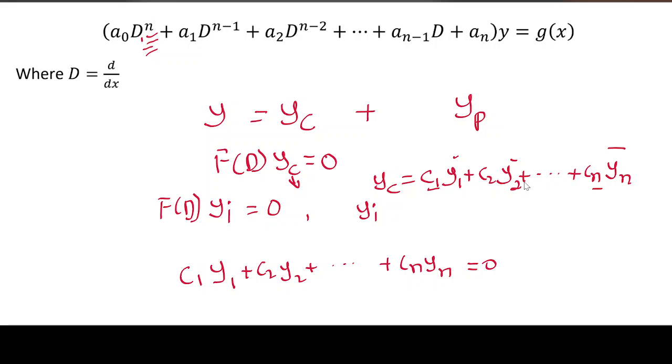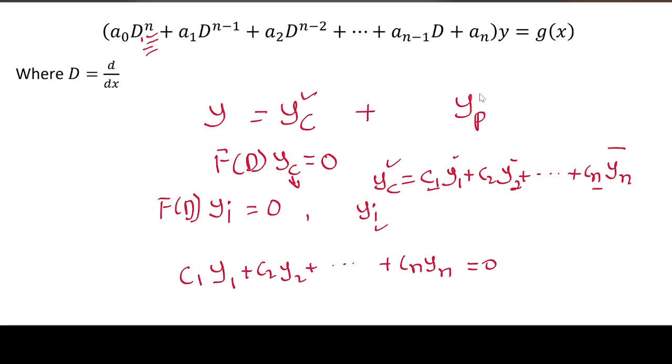Such functions we call linearly independent. These yi's are linearly independent, and their combination is called the complementary function yc. In this session, we have seen what the complementary function is.